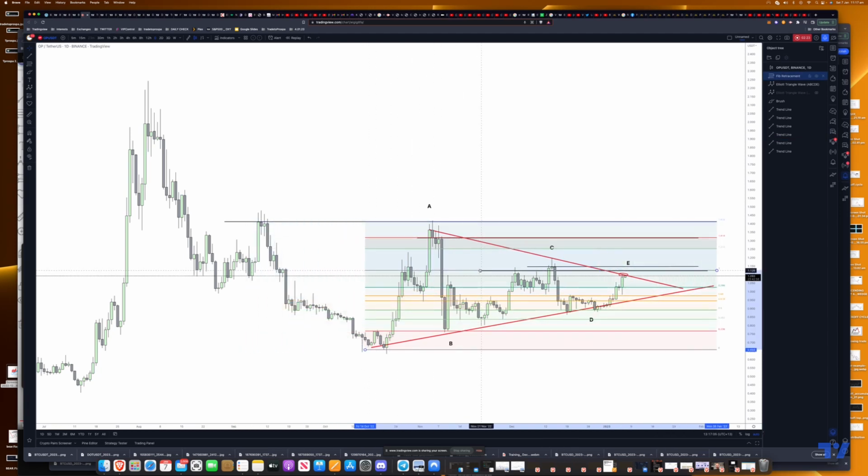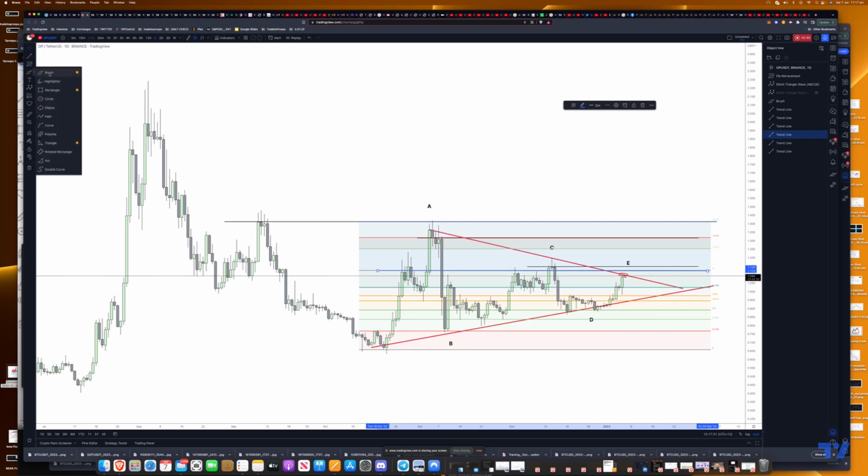Hold on, I don't want to move that. I want that there. That 1 level is probably our main resistance. You can see how I anticipate that that's the 1.618 level from the bottom.